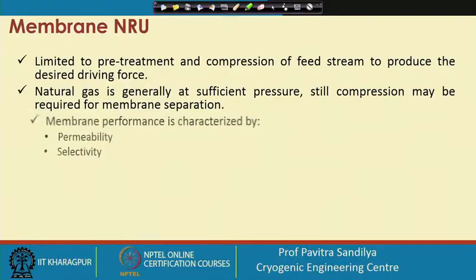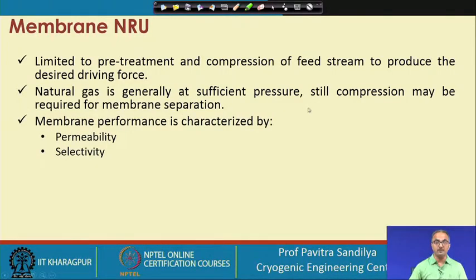So we need to pressurize the gas to be separated at very high pressure, and in case of natural gas, even though natural gas comes out from the earth at sufficiently high pressure, still more pressurization may be needed if we take it for membrane separation.